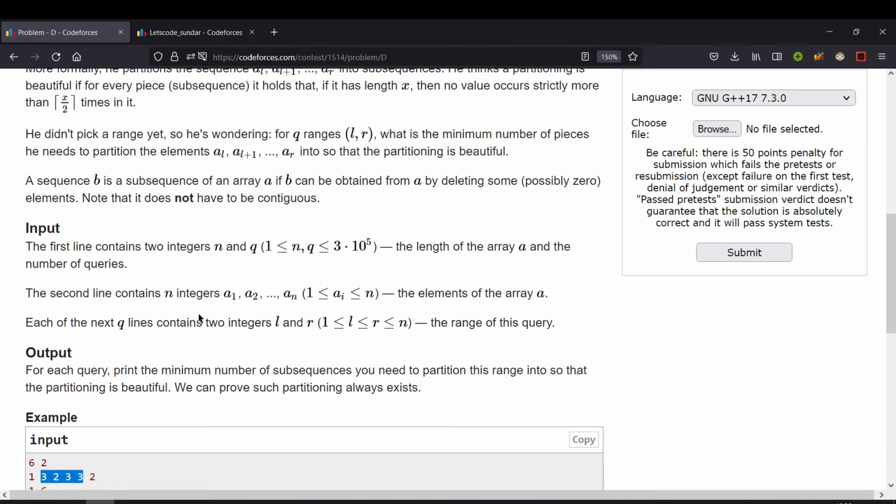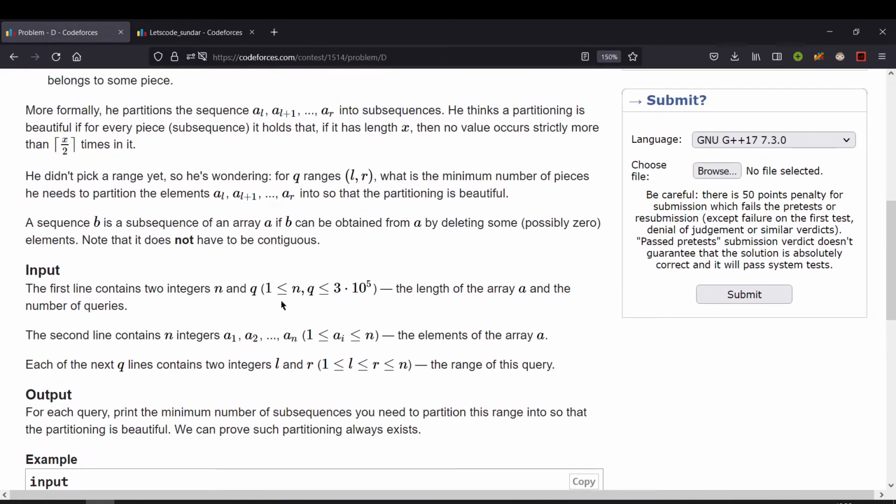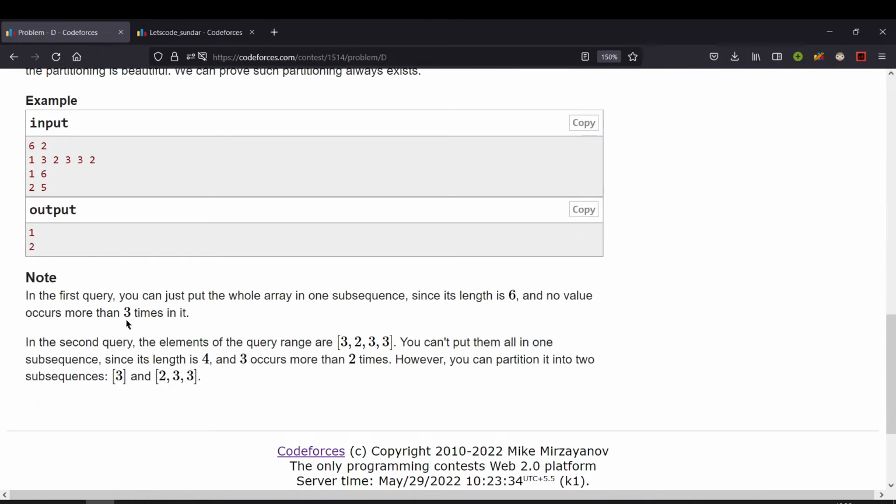And it's nowhere given that n into q cannot exceed 10 to the power 5. So both can be of the form 10 to the power 5. If there was a statement like the total number of traversals will not exceed 10 to the power 5, that is, n into q cannot exceed 10 to the power 5, then we can do some kind of n into q solution.